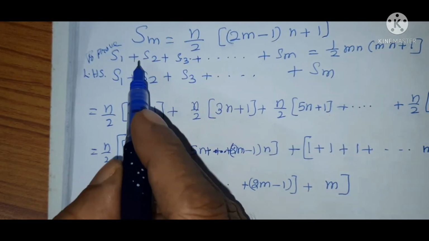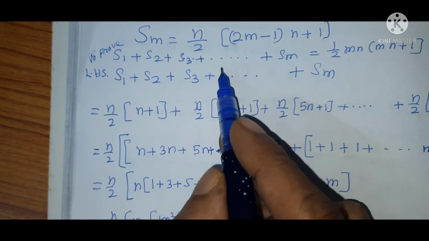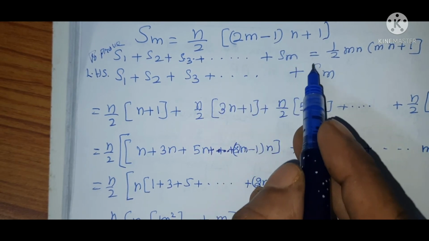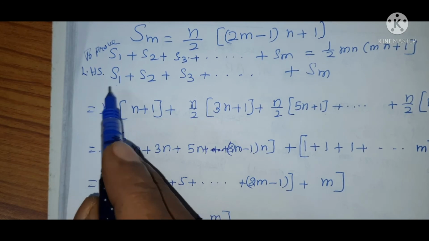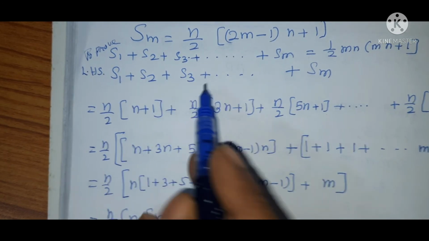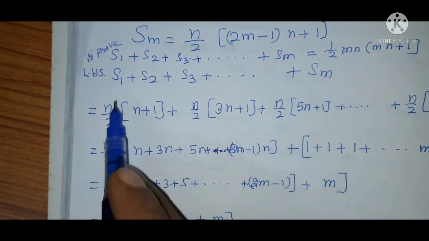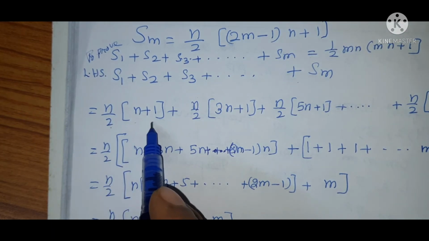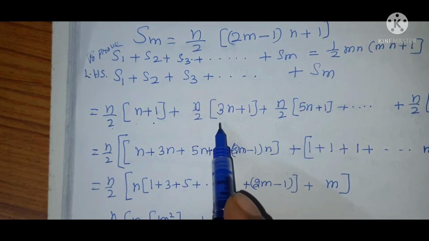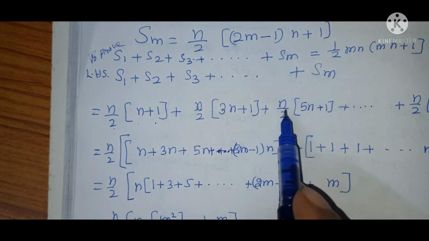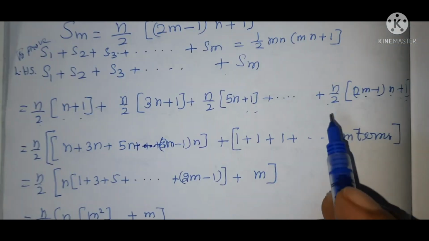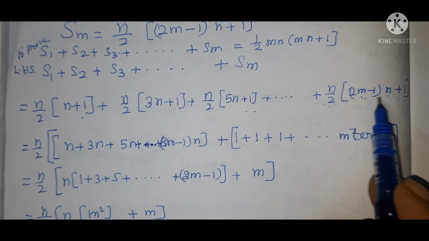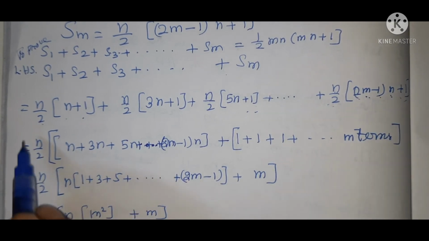To prove S1 plus S2 plus S3 and so on plus Sm is equal to 1 by 2 mn into mn plus 1. Taking the left hand side, S1 plus S2 plus S3 and so on plus Sm. Here S1 is n by 2 into n plus 1, plus S2 is n by 2 into 3n plus 1, plus S3 is n by 2 into 5n plus 1, and so on, plus Sm is n by 2 into 2m minus 1 into n plus 1.